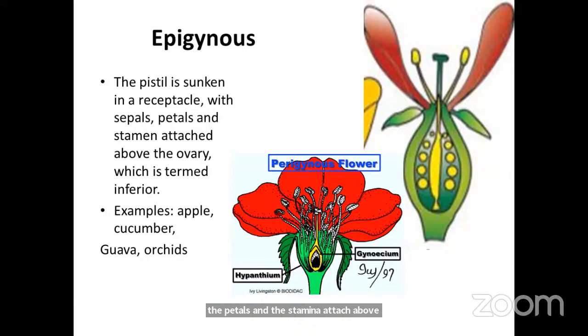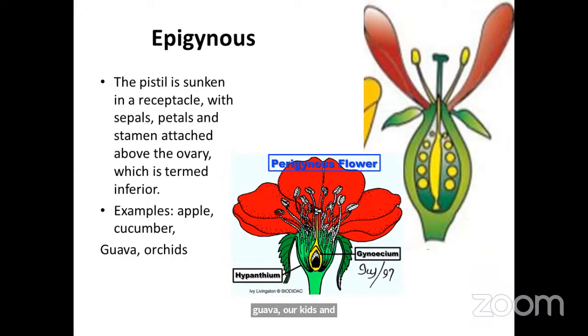Okay? It's above the ovary, which is termed as inferior. Examples of plants having epigenous flower classification would include apples. We got cucumber, guava, orchids, and many more.